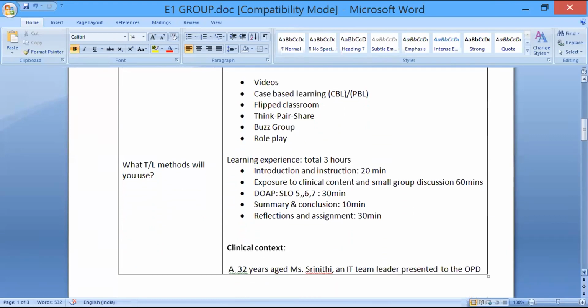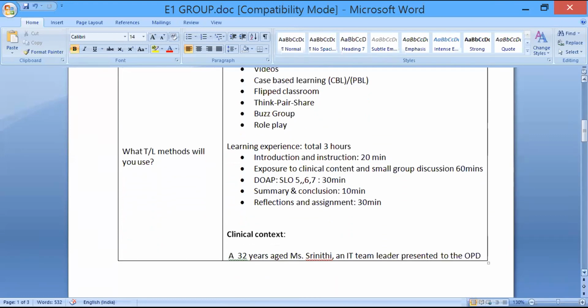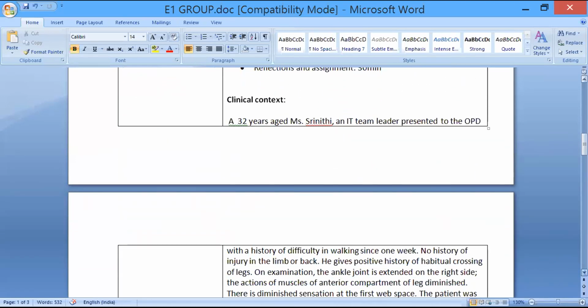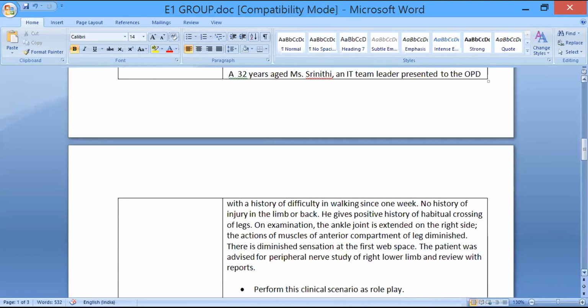The clinical context we used: a 30-year-old Miss Srinidhi, an IT team leader, presented to the OPD with a history of difficulty in walking since 1 week. There is no history of injury in the limb or back. She gives a positive history of habitual crossing of legs.